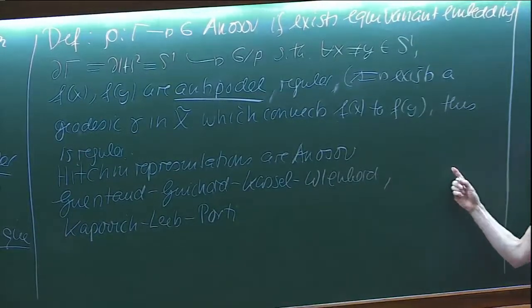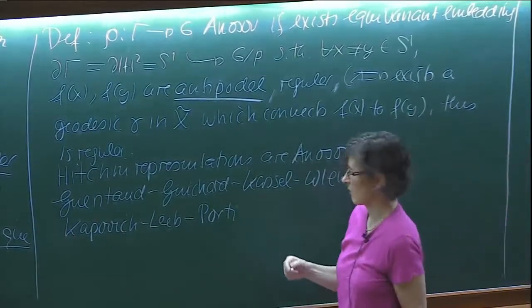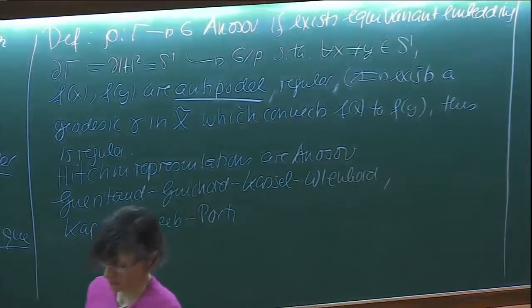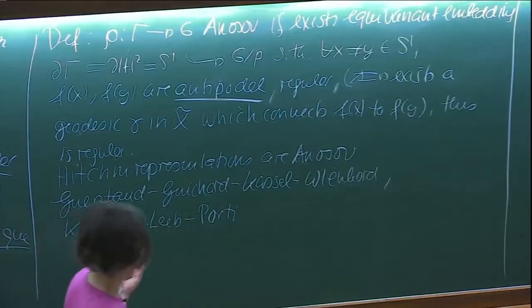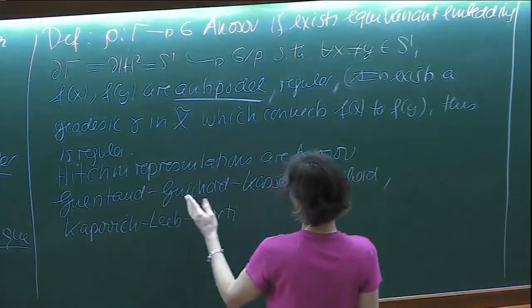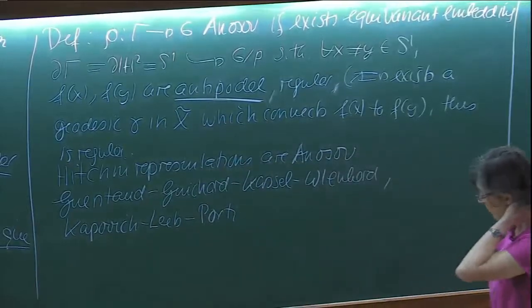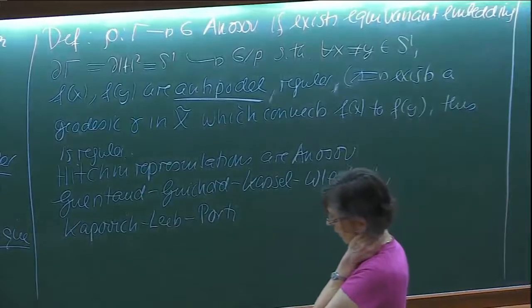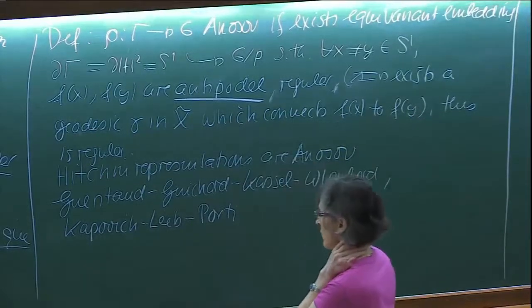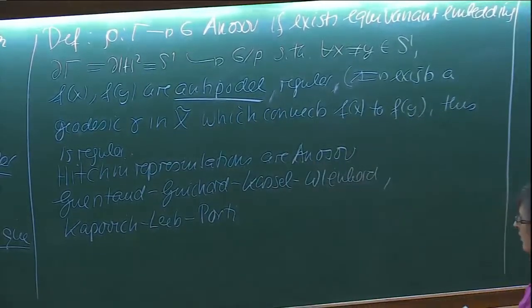So the theory was initiated by Labourie, as far as I know, and was then further extended. Guichard and Wienhard extended the theory in a more general framework, or give us, in some sense, a reinterpretation of the theory.